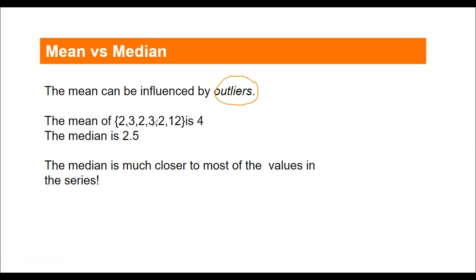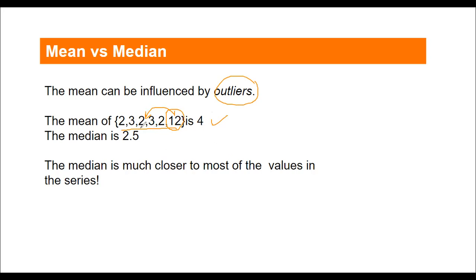Why? Let's say this is my data set. When we find the mean of this data set, it's 4, right? Because these observations are 2, 3, 2, 3, 2, but suddenly we got an observation very far away from all the others, which can be treated as an outlier, and it is affecting our mean.